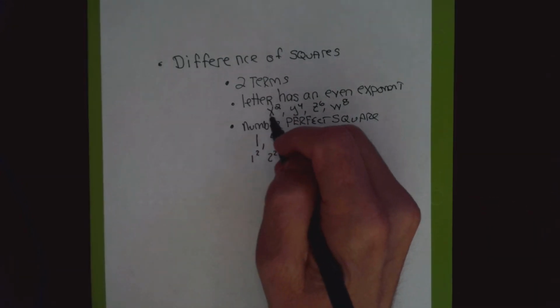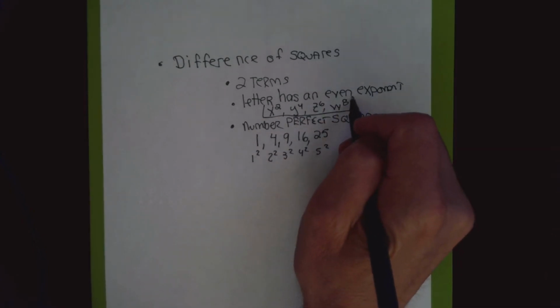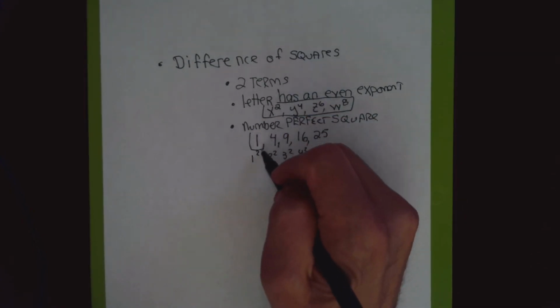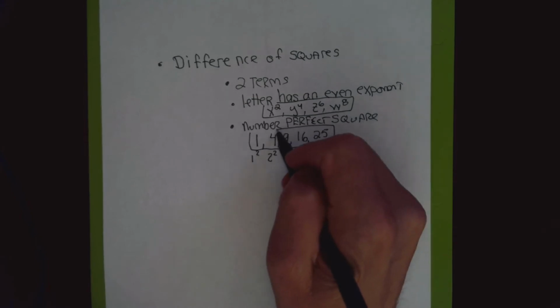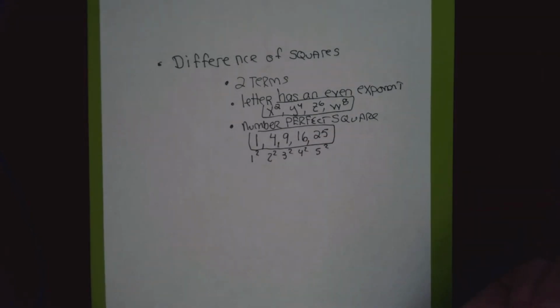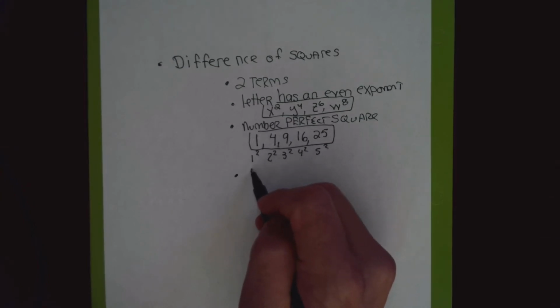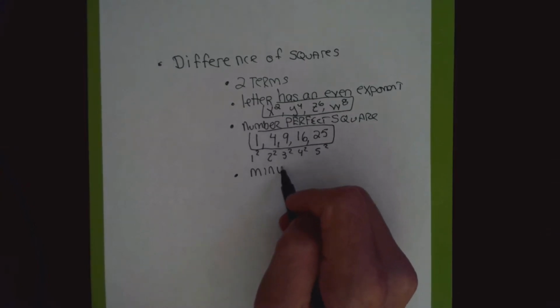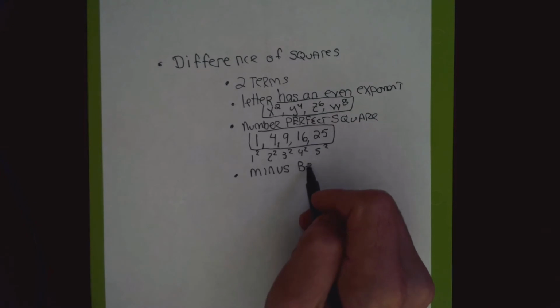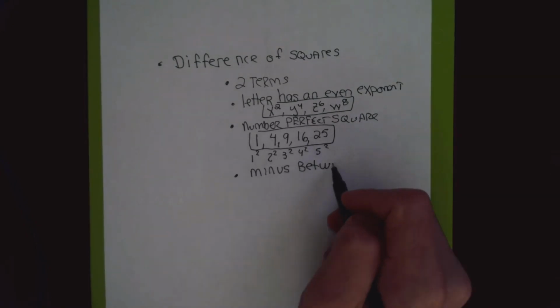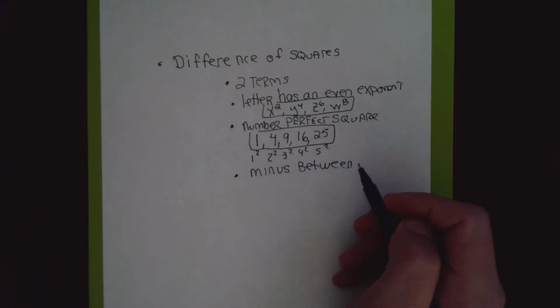These are the perfect squares. So if I have this set up, if I'm given a problem with 2 terms, letters have even exponents, numbers are perfect squares, and there's a minus between, then that particular problem classifies as a difference of squares.